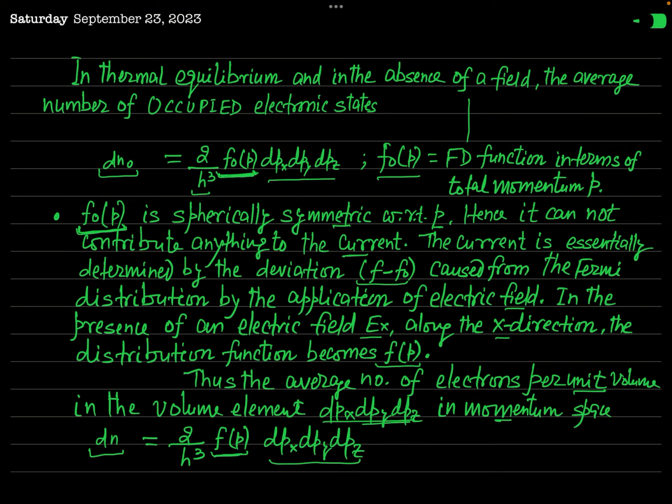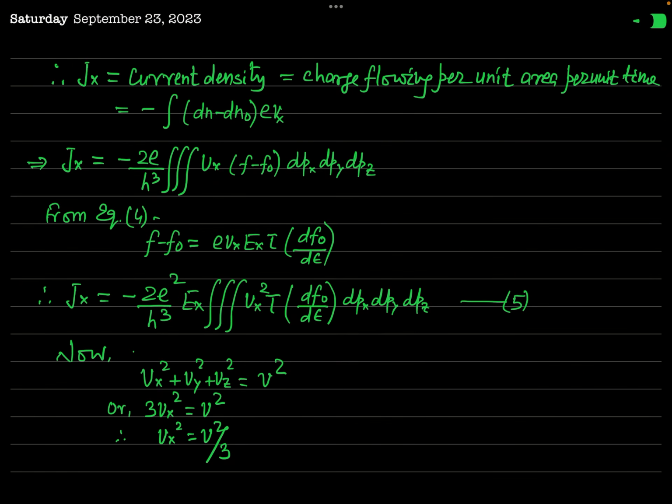Actually, this dn minus dn0 will be the effective number of electrons per unit volume flowing under the electric field, and that will constitute the electric current. So now if your aim is to find the current density, I have written it Jx because here current will flow in the x direction, so the current density will have only one component Jx.